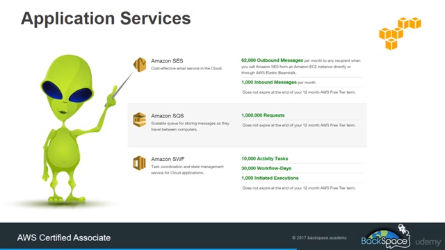They'll still be free within those limits. Those limits you can see there for SES are 62,000 outbound messages, and you can see them for SQS and Simple Workflow Service as well. So provided you stay within those limits, you're fine, and you don't have to worry about what happens after the 12-month free tier term expires.